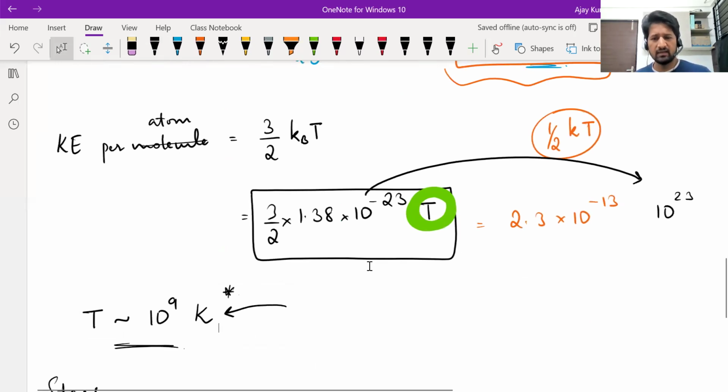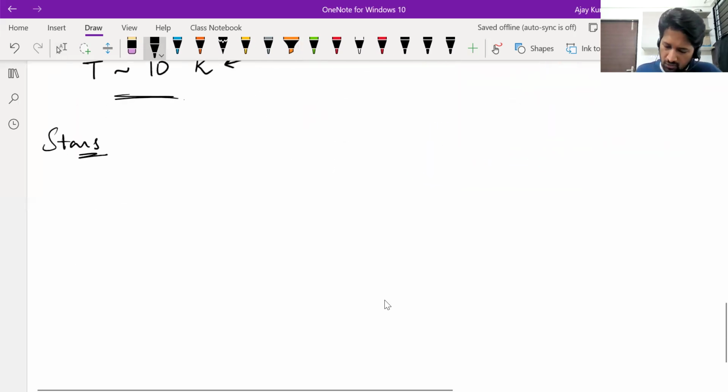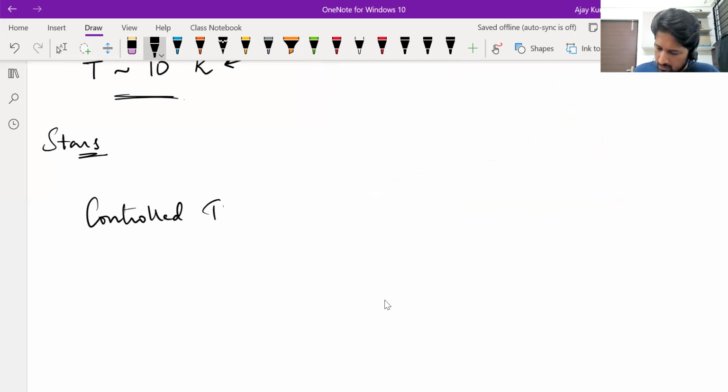But scientists are developing materials which can withstand this temperature. And as I said in the last class also, very recently, fusion reactions have successfully been carried out in labs also. It's called controlled thermonuclear fusion.